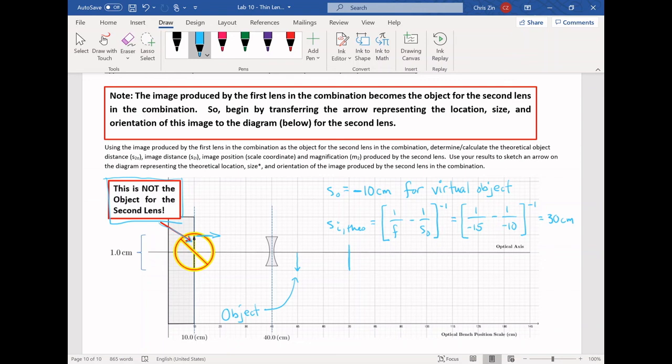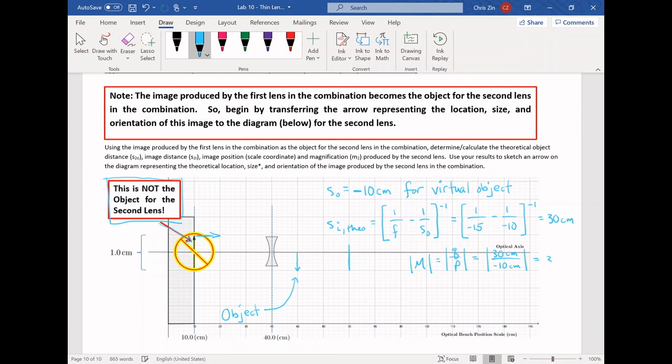We can also find the magnification with the formula Q over P. And I am taking the absolute value here, so I don't have to deal with the minus sign for the virtual object. But doing that, I will get 30 centimeters divided by 10 centimeters.